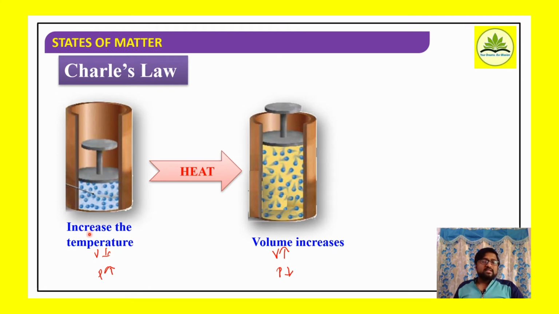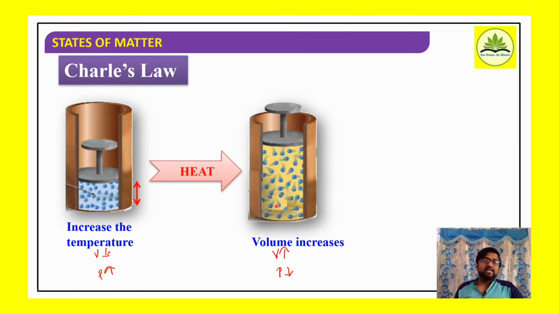Here I can say, if you heat any gas, its volume increases. We are providing temperature here, so with an increase in temperature, volume increases. Earlier, at low temperature the volume will be less, but when it is heated, the volume of the gas expands.